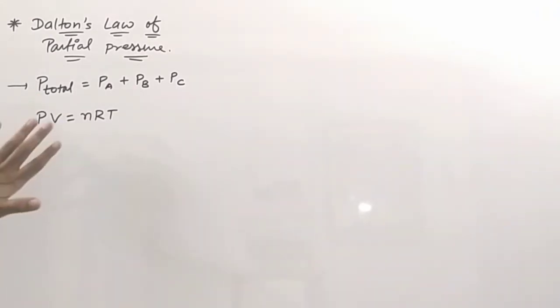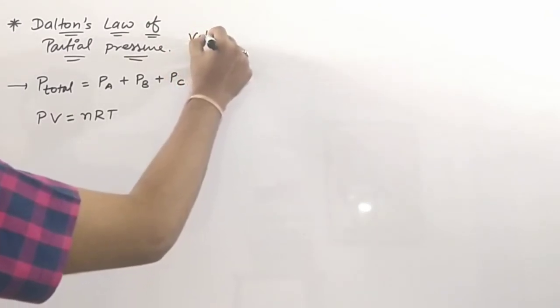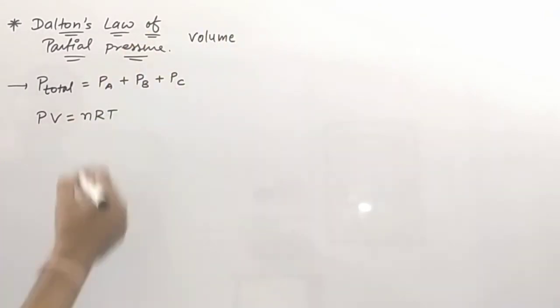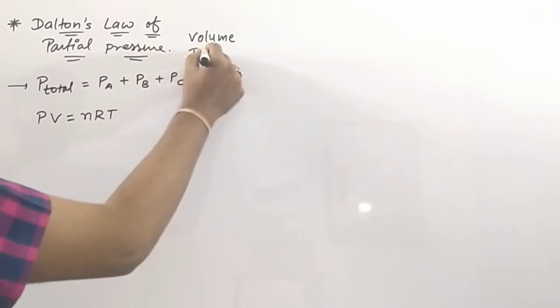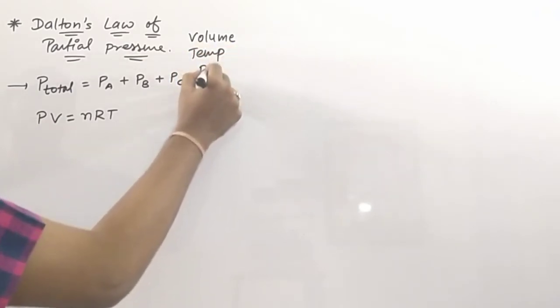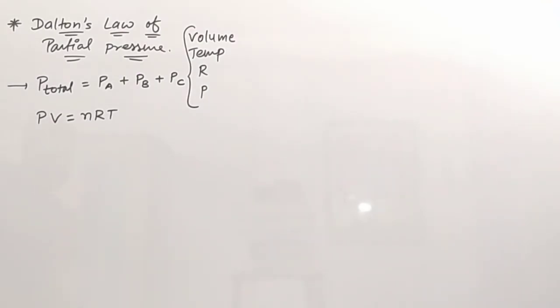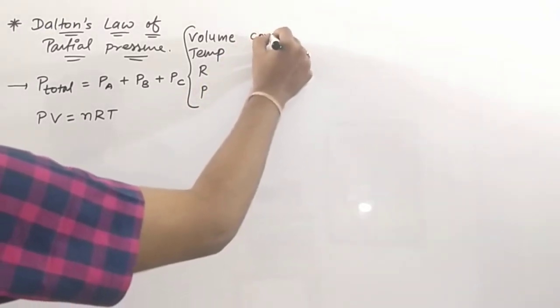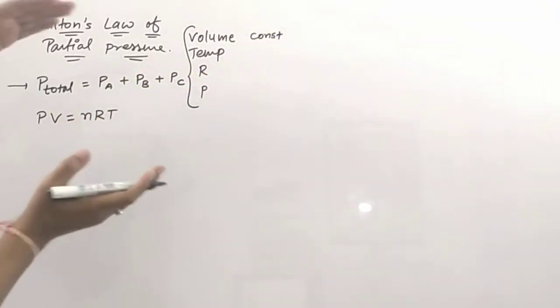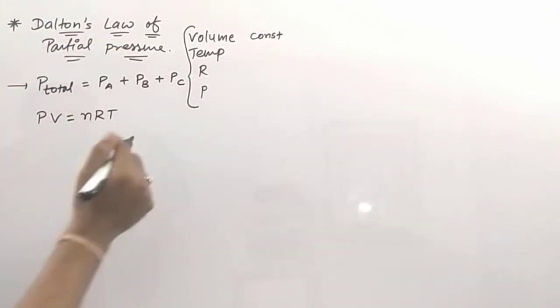But in this condition, whenever we have taken the gases into the container, what was the condition of volume, temperature, R and P? Volume was remaining constant. In a particular container, volume was fixed.